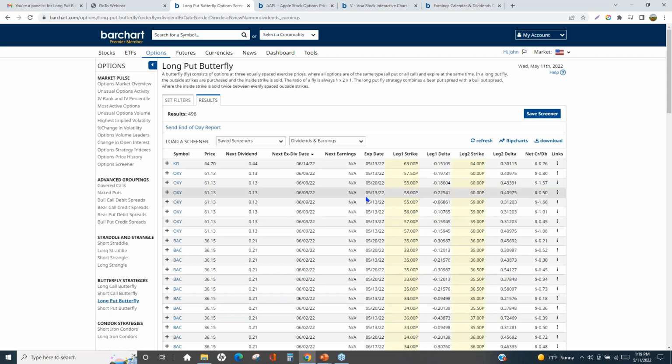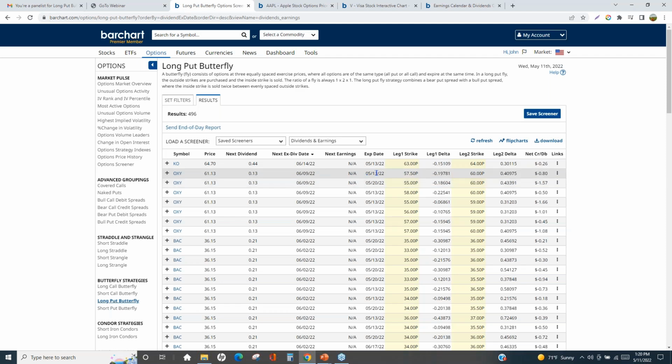But what could be happening is that they haven't declared that dividend date. So it's important to understand that there might still be a dividend, or we still might need to do our due diligence. But if you see an NA, that usually means that they haven't declared that dividend date before our expiration date.